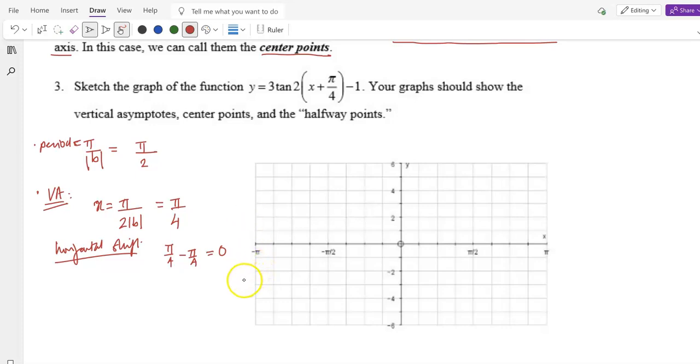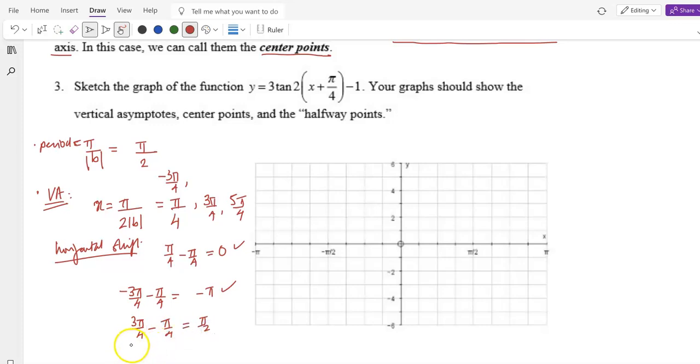For the vertical asymptote, you apply the horizontal shift to all the odd multiples. So you do minus pi by 4. For the first one, 3 pi by 4 minus pi by 4 is 2 pi upon 4, which is pi by 2.